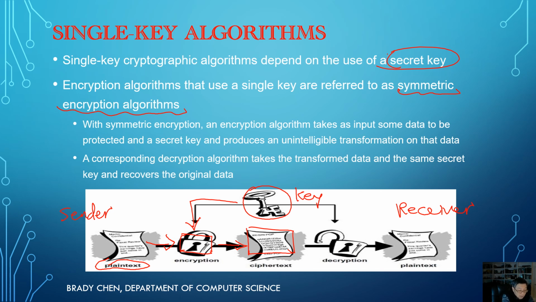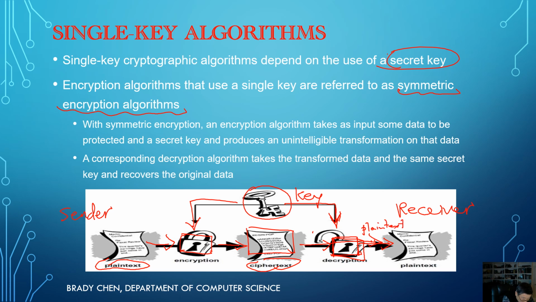So when the receiver receives this ciphertext, which is protected, the receiver cannot read it until the receiver uses the decryption algorithm. Here's the ciphertext, combined with the key, and then it can generate the plain text.